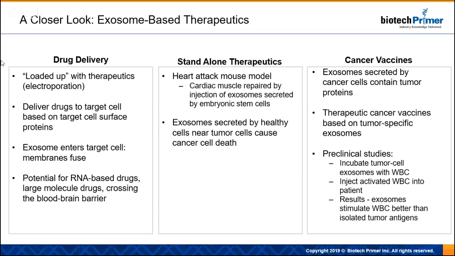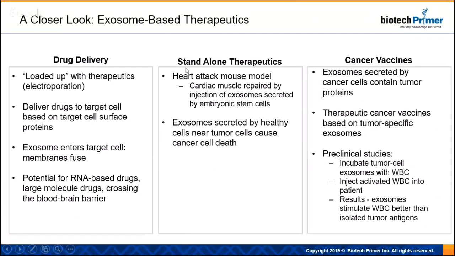And so one idea is if we use these exosomes, they might do a better job of actually targeting human cells because they will fuse with the membranes better than synthetic lipid nanoparticles, because they actually are the exact same material as human cell membranes. And so this is just an example of some of the drugs where delivery has been a problem that this is being looked into for.